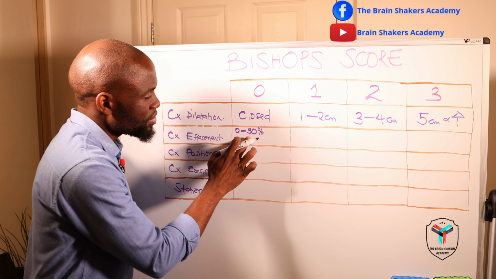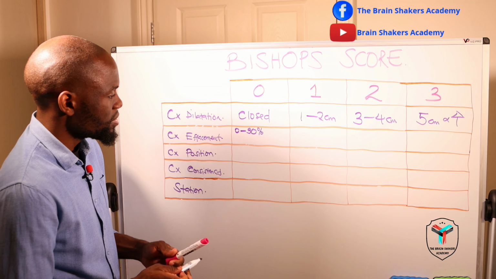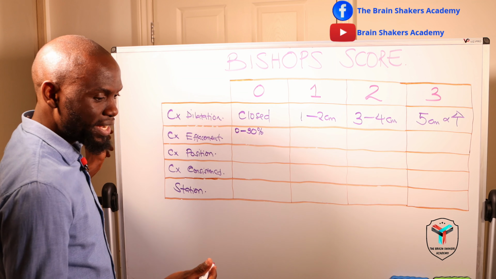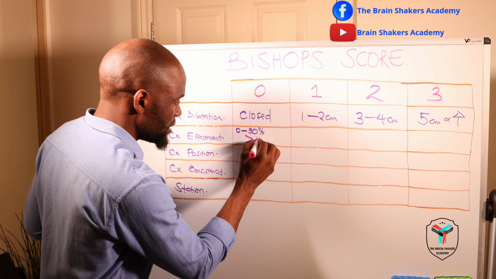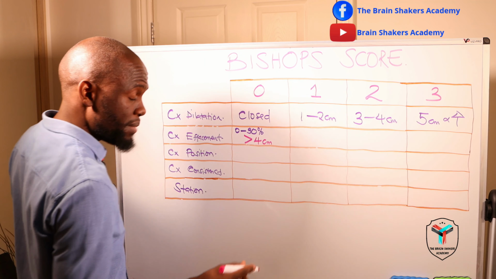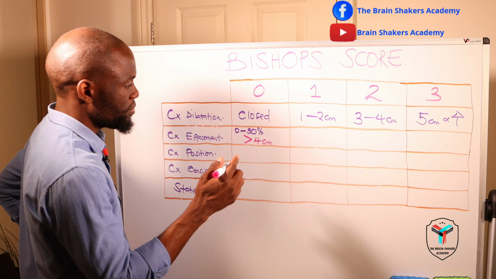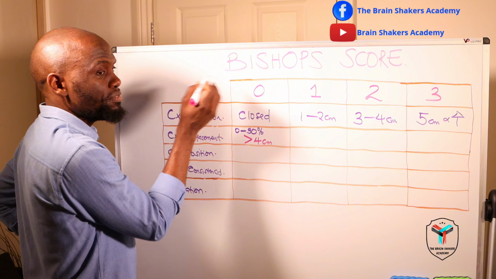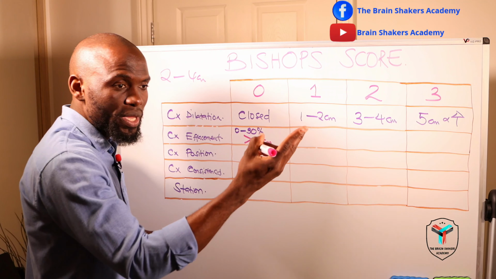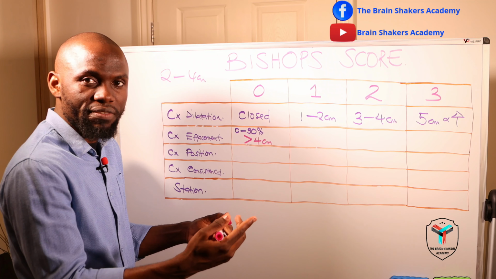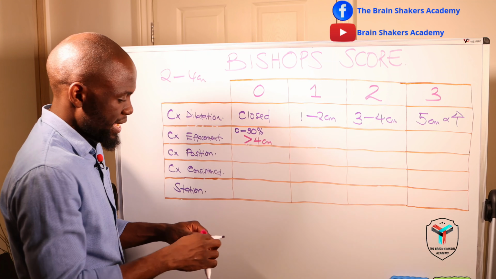Now, in terms of length, we are talking about a length of the cervical canal that is greater than 4 centimeters. We did make mention, in a separate video where I look at the cervix, that the cervix is roughly about 2 to 4 centimeters. When you are doing your assessment, if you notice that the cervix feels to be more than 4 centimeters, then you score it a 0.